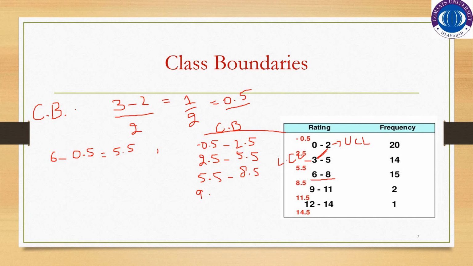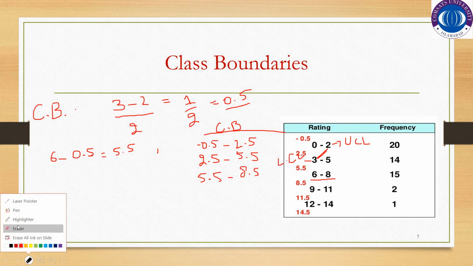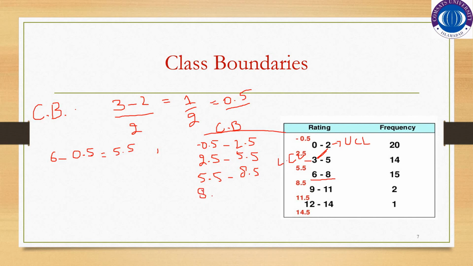For the next class, we have to subtract 0.5 from the lower limit 9, so we will have 8.5, to 11.5.